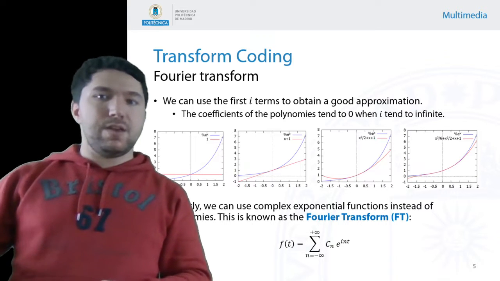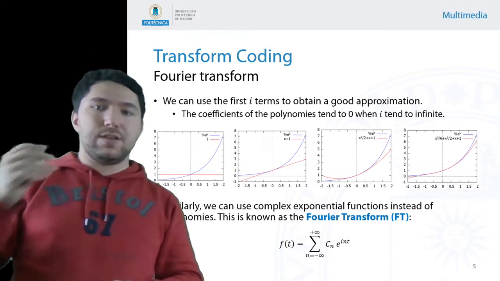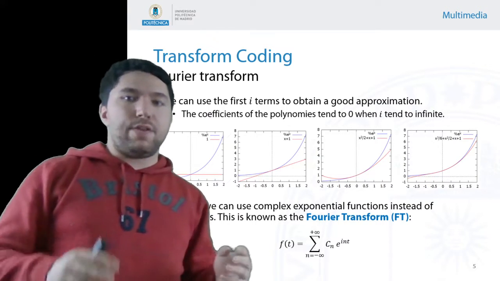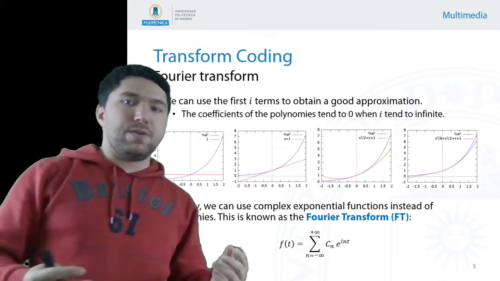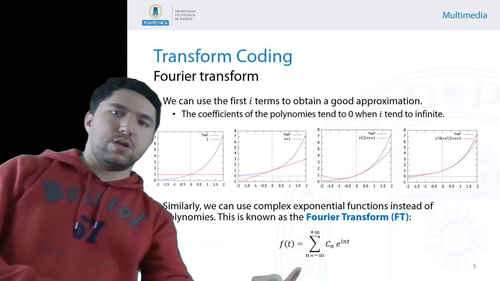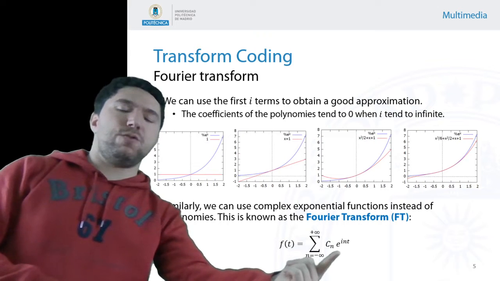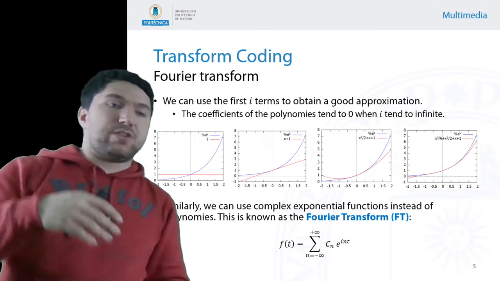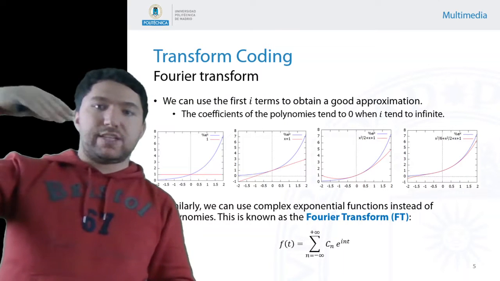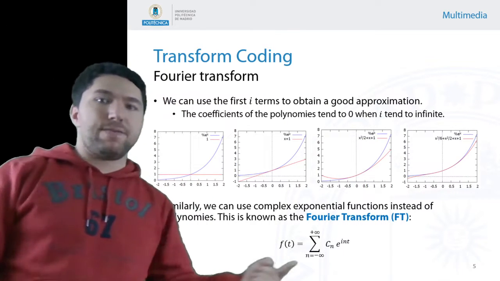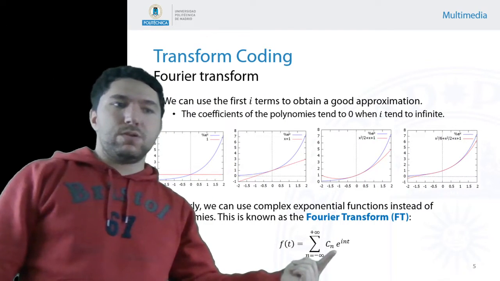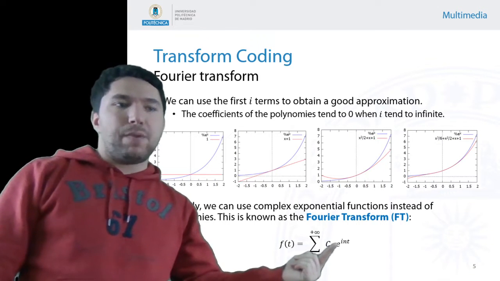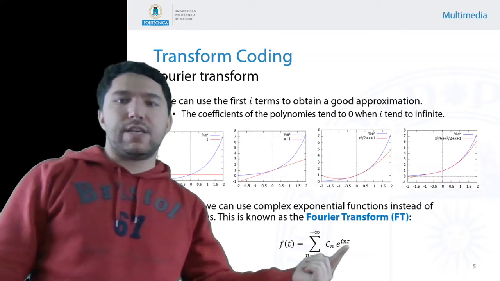Okay, this can be also translated to other bases. Instead of polynomials, what happens if we use a complex exponential function basis? So instead of x raised to 0, x raised to 1, x raised to 2, etc., I have e raised to something complex, i n t.